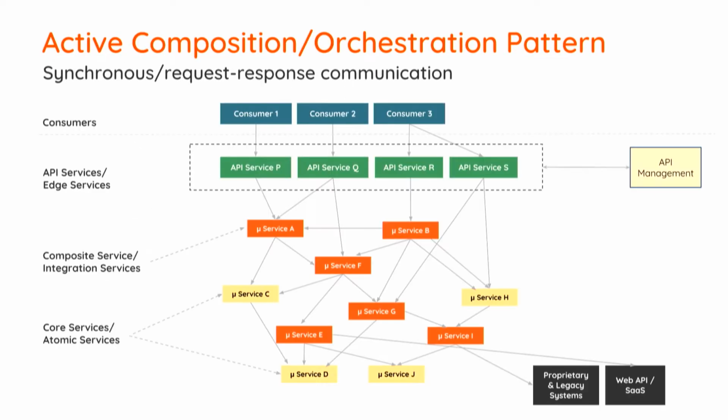So if you look at the synchronous or API-driven approach, when it comes to creating compositions using the synchronous style, in this particular architecture you can see there are multiple levels of microservices. At the bottom, you can identify microservices which are core or atomic microservices, which are not really talking to multiple other services.